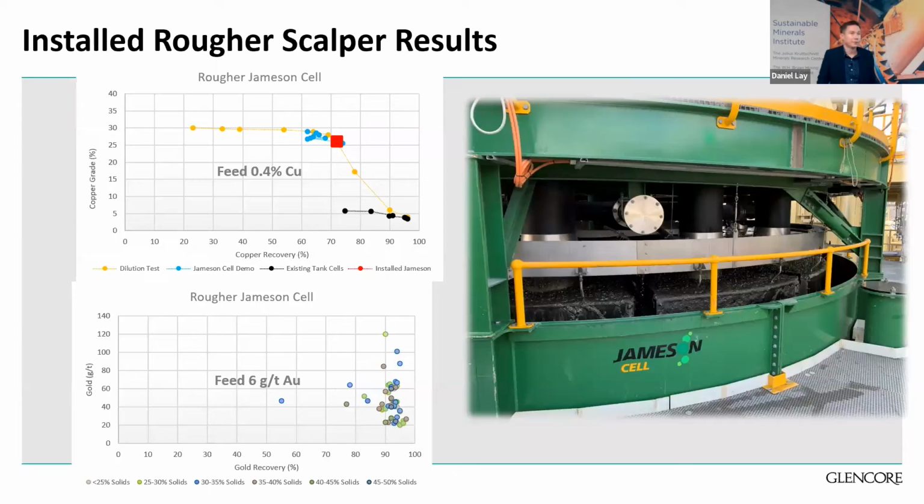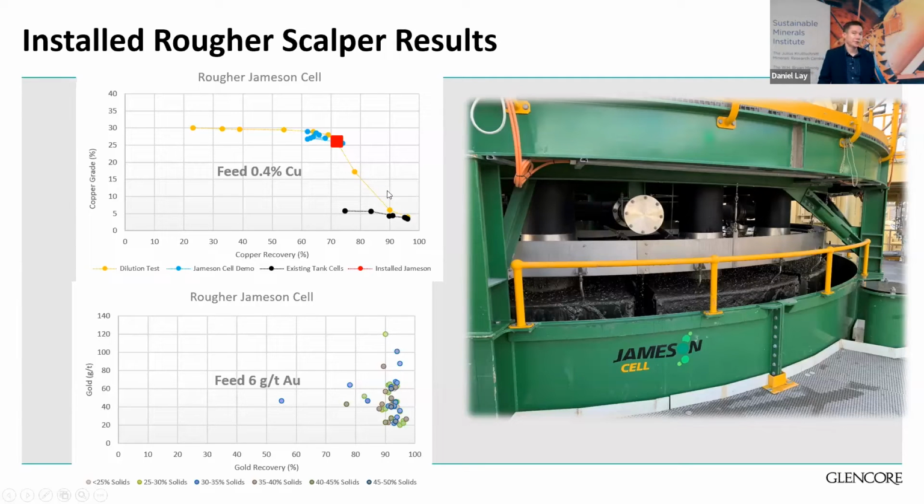This is an example from our largest installation, the Z8500. Once again, we've got the dilution cleaning test, which established the grade recovery curve. There was pilot work done to prove that performance could be achieved again. And we find from the latest operating data that indeed the cell's performance does sit on that grade recovery curve.